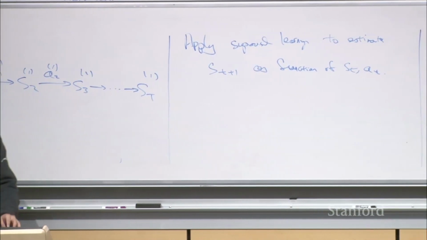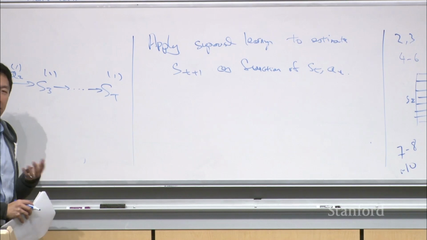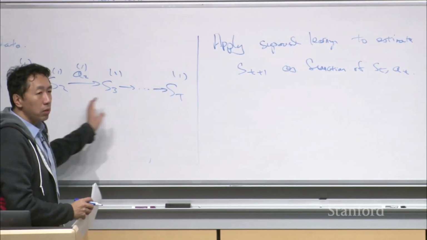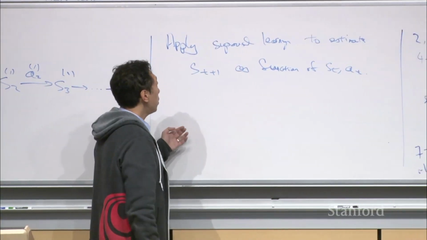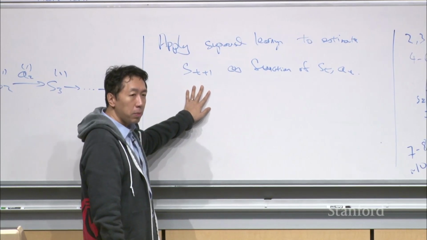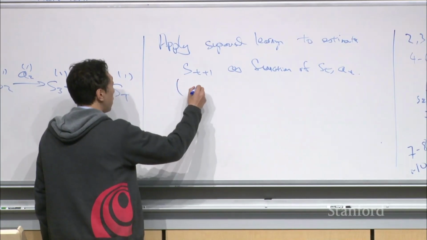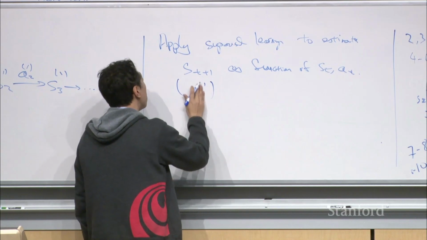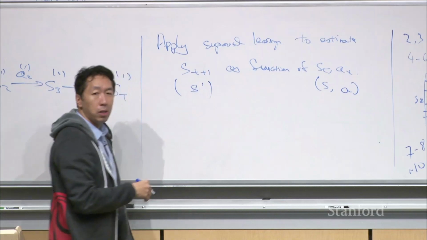So the job of the model, the job of the simulator, is to take as input the current state and the current action and tell you where the helicopter is going to go, like 0.1 seconds later. And so given all this data, what you can do is apply a supervised learning algorithm to predict, well, what is the next state S prime as a function of the current state and action, right? And the other notation is, when I drew the box for the simulator above, I was using S prime to denote S_{t+1}, and S and A, right? So that's the mapping between the notations.